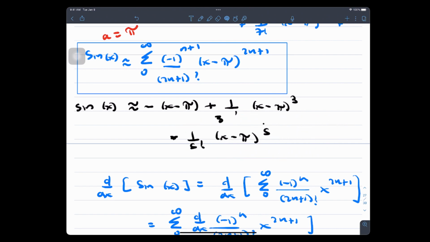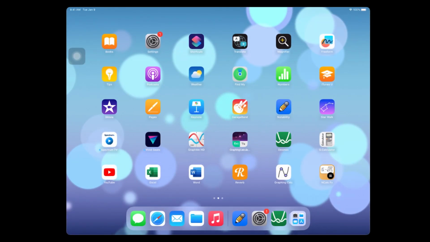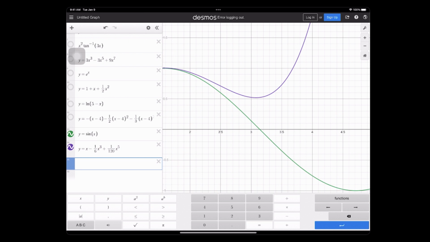Okay, I'm going to try 3 factorial here. Okay, so now let me see if I can do that here in Desmos. I'm going to compare y equals negative parentheses x minus pi, come out, plus 1. What was it? You guys remember? I think it's 1/6.